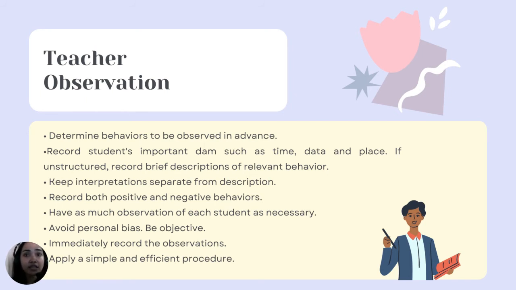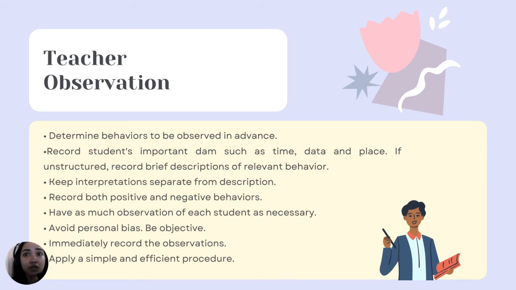Sixth is have as much observation of each student as necessary. Seventh is to avoid personal bias and be objective. Eighth is to immediately record the observation, and lastly is to apply a simple and efficient procedure.